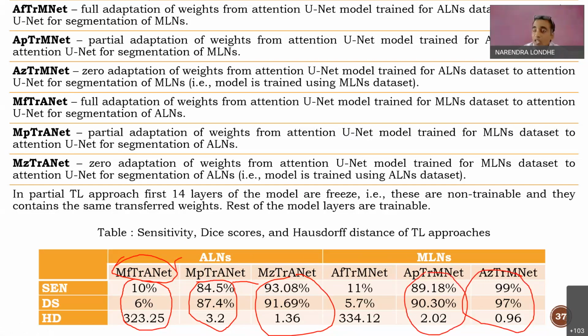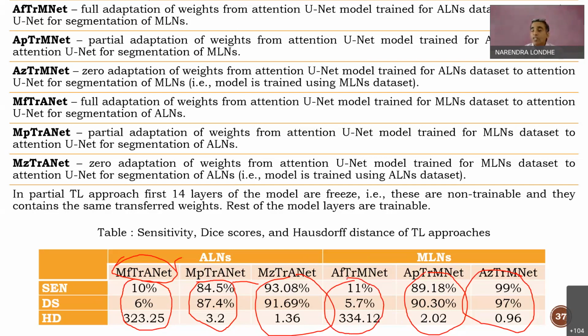This is about the partial case, when my network is partially trained with the abdominal lymph nodes and tested with the mediastinal lymph nodes. I'm getting these accuracies, this sensitivity, Dice score, and Hausdorff distance. When I'm training only with the abdominal lymph nodes and testing with the mediastinal lymph nodes, in that case I'm getting very poor results.